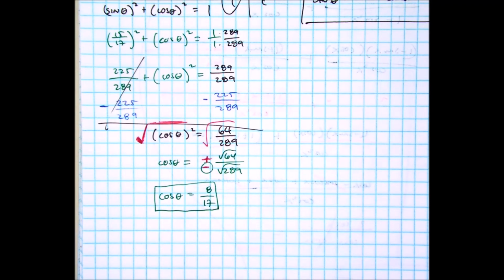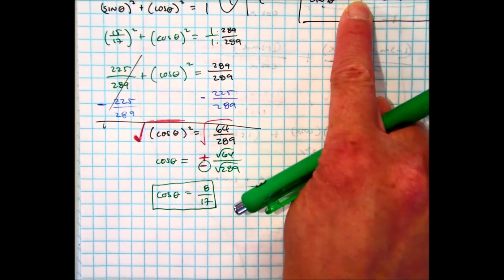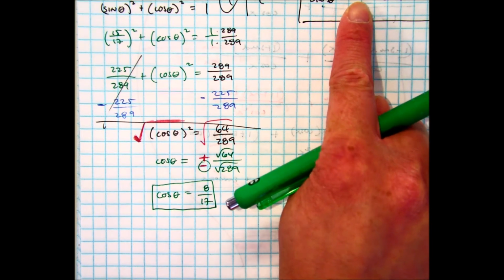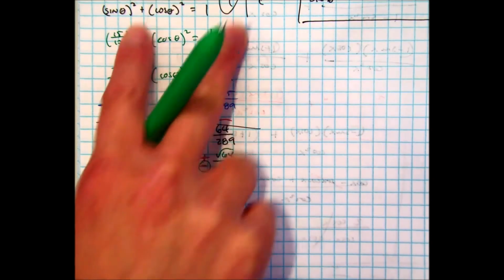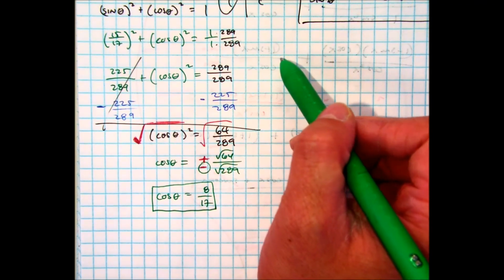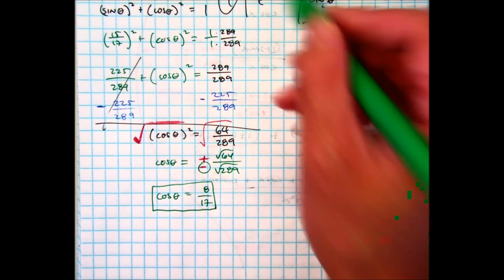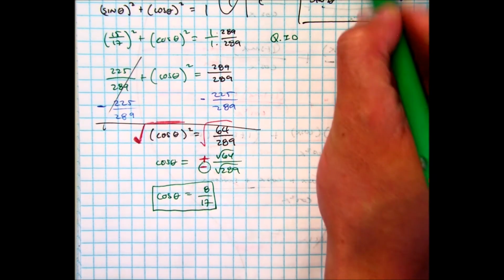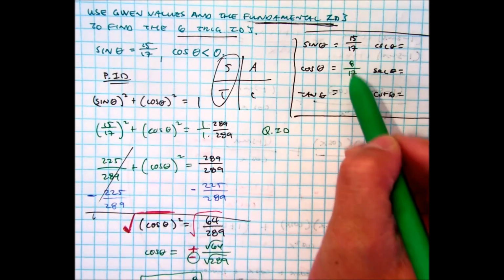Okay, there's a couple of ways to get now tangent. What do you want to use? These numbers were pretty big, right? I could use tangent squared plus 1 equals secant squared, right? I'd rather use a quotient identity because I just have to work with these two fractions here.